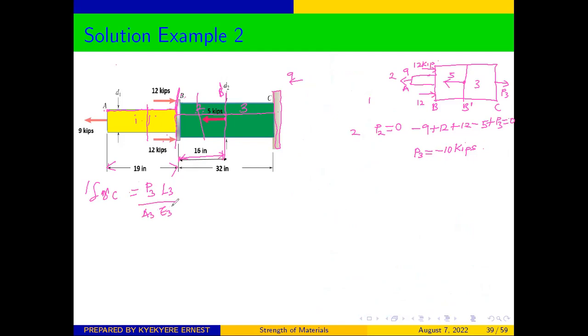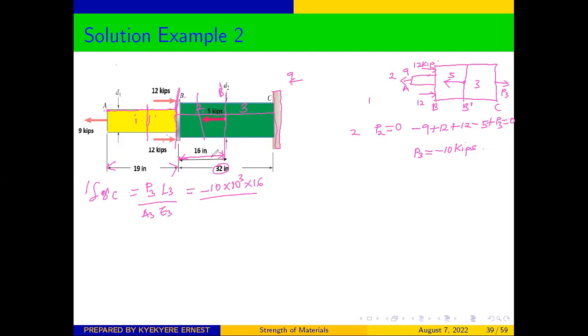So from there, we can say that the deformation is going to be the force, which is -10 times 10 to the power 3, times 16 over the length of the section. This is 32, and from B to B prime is 16.